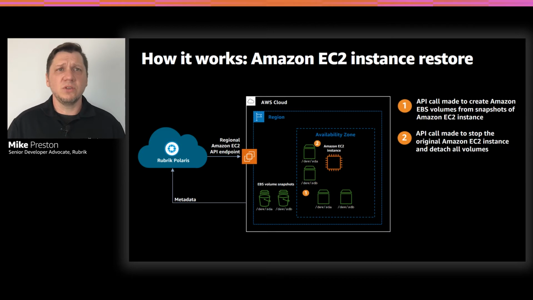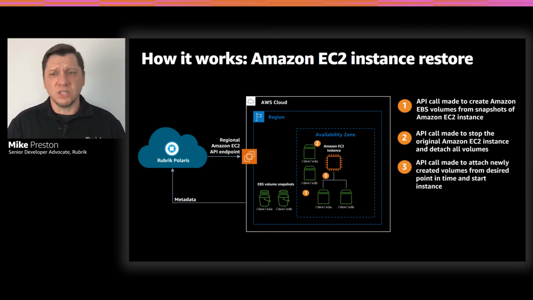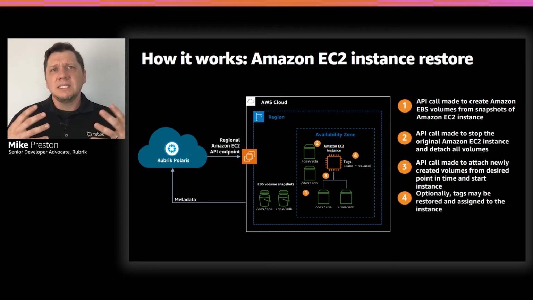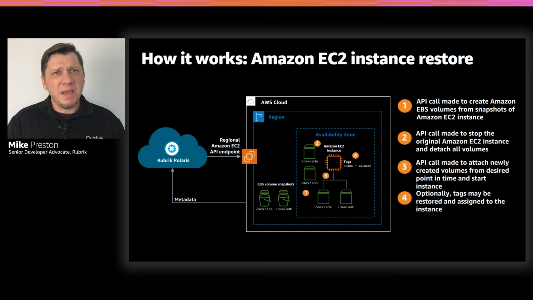So detach the volumes on that production instance, and then simply issue the final command to attach it to the newly restored volumes and fire that EC2 instance back up. So it's pretty simple stuff here. And then finally, if we've set up tag backup, so we've said, hey, I want to restore the tags that were on that instance at the certain point in time as well, we'll go ahead and restore all of the tags back to the production instance.